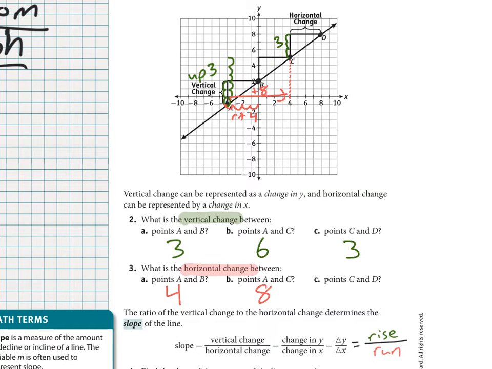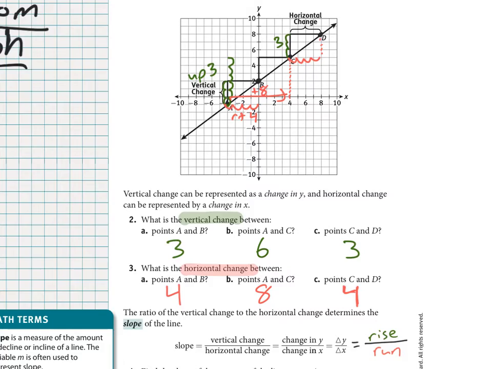All right, what's the last horizontal change from C to D? It's 1, 2, 3, 4. To get level with D. So 4. All right, now we're going to build these as ratios. The vertical change, all the green numbers, over all the red numbers, the horizontal change.